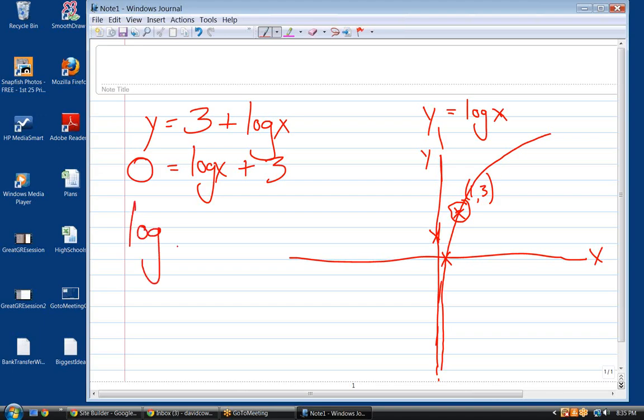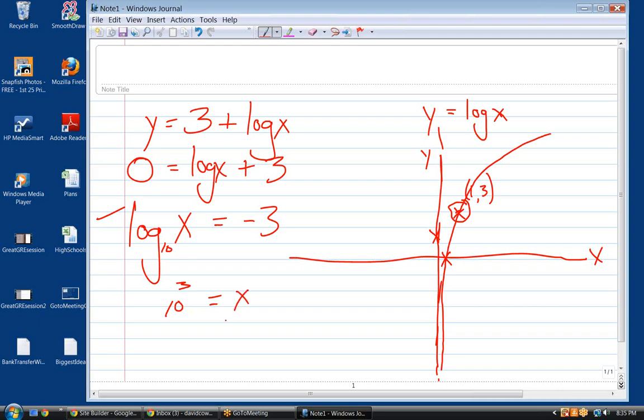So I've got the log of x equals -3. How do I solve that? Well, it's log base 10 because it's not stated. So it's 10 to the third power.